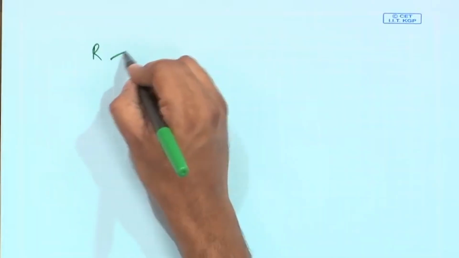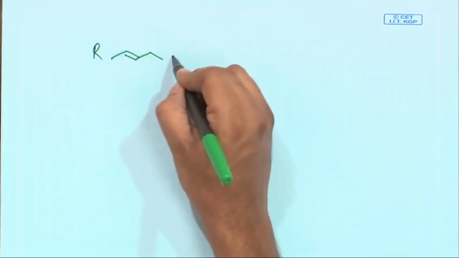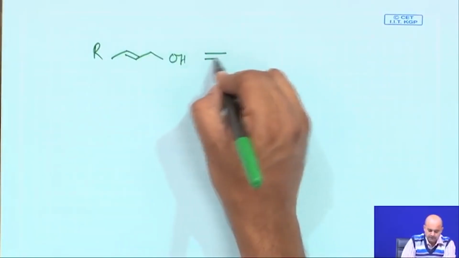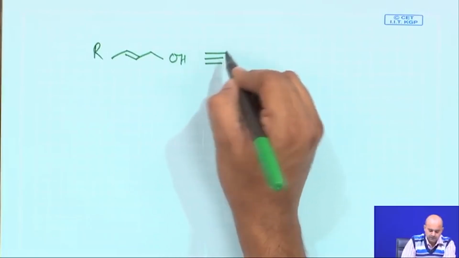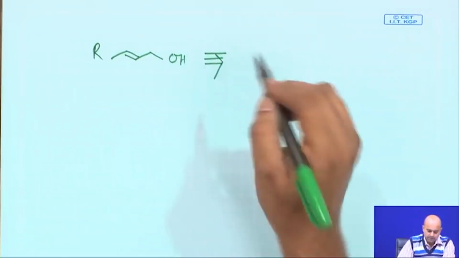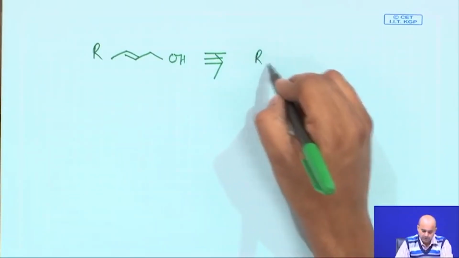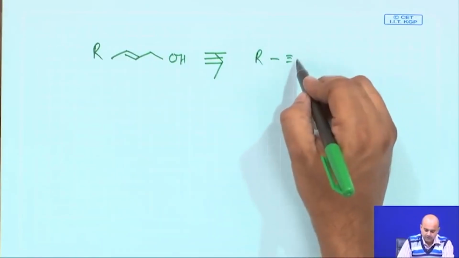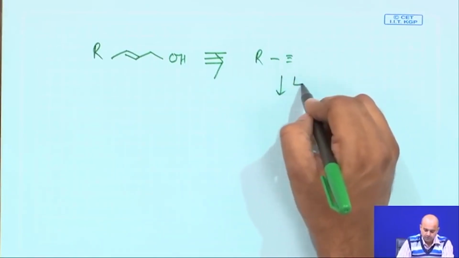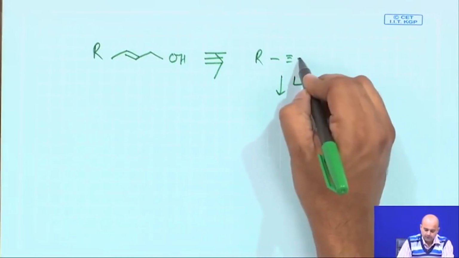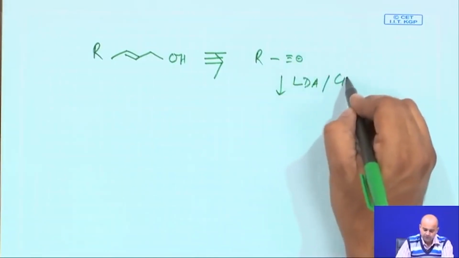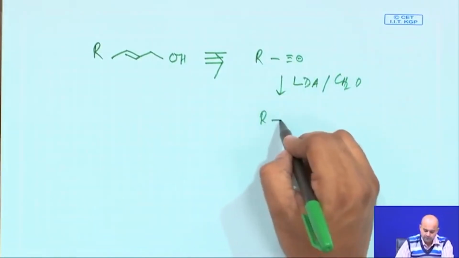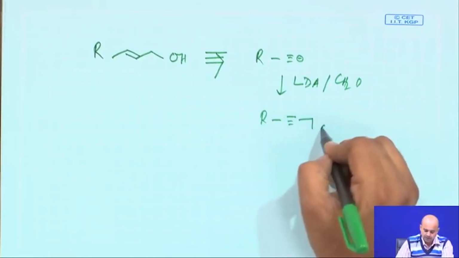So, in principle, the last reaction is also a very important reaction. If I give you a retrosynthesis like this, asking how you can make this molecule, you can start with this triple bond, use a base to generate an acetylide and react it with formaldehyde to get this propargylic alcohol.